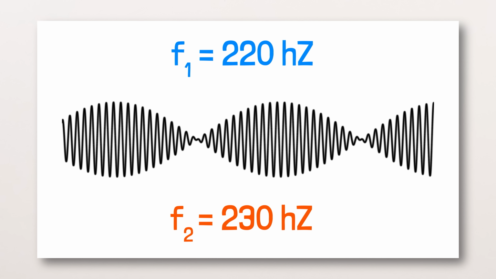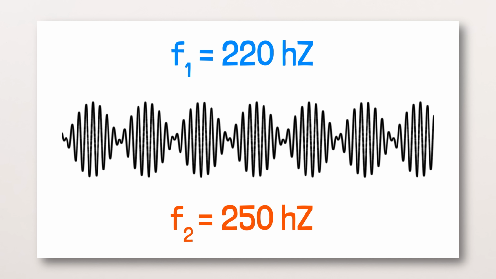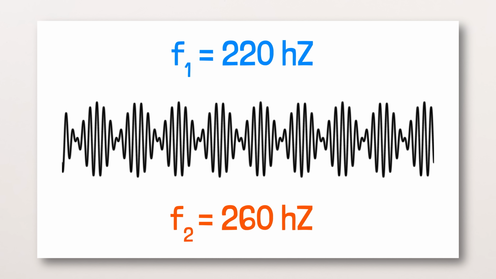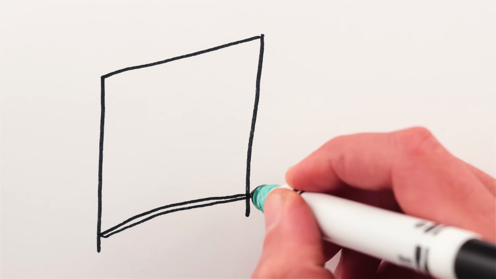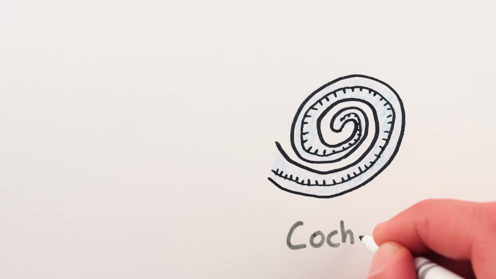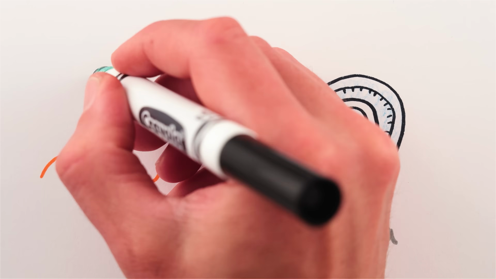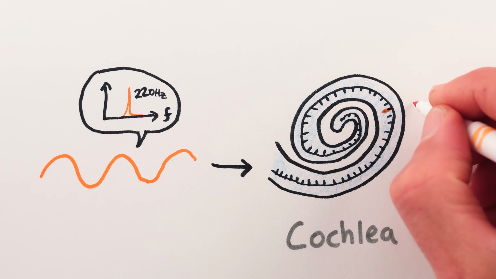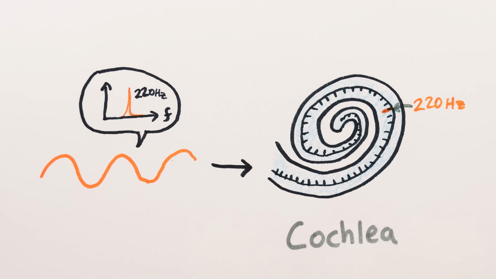Eventually, the beating happens so fast that we stop hearing it as a whoa-whoa-whoa type sound, and more as a general roughness. Around this same point, another phenomenon starts to get involved, the imperfect resolution of the human ear. I don't want to get into the details, and there are still some details that aren't entirely clear even to science, but because of the geometry of the cochlea and the physics of the fluid and hairs within it, an external sound of a single frequency will stimulate not just the auditory nerve fibers that correspond to that frequency, but also fibers for slightly higher and lower frequencies.